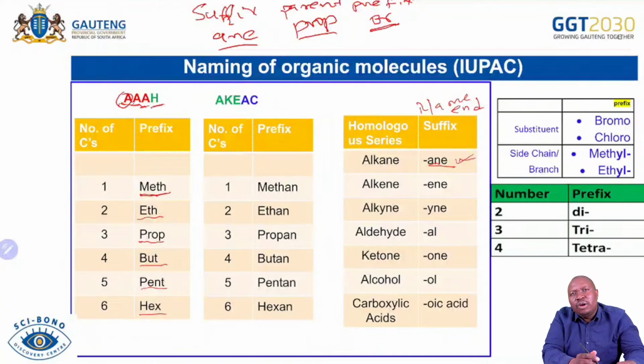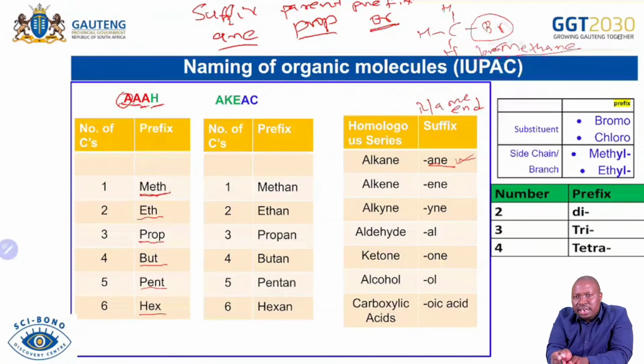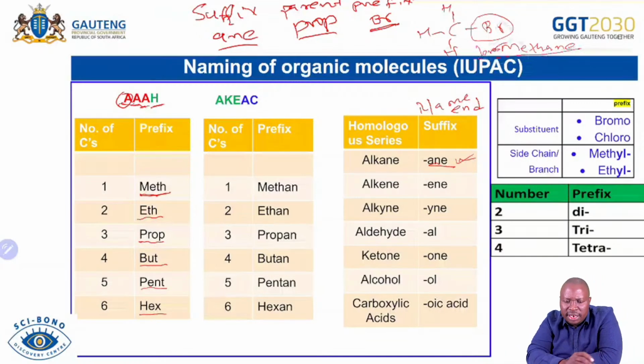Because if you are given a haloalkane, for example, let me just give you a simple structure, bromomethane, you will see that bromo is a substituent, but the name is methane. You see, saying methane, you're just putting bromo at the beginning, so it's bromomethane. So you are still treating it as an alkane that has a substituent that is a halogen, hence the halo there for haloalkanes.